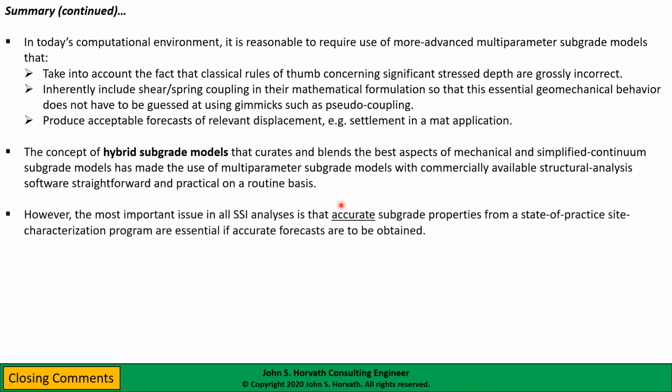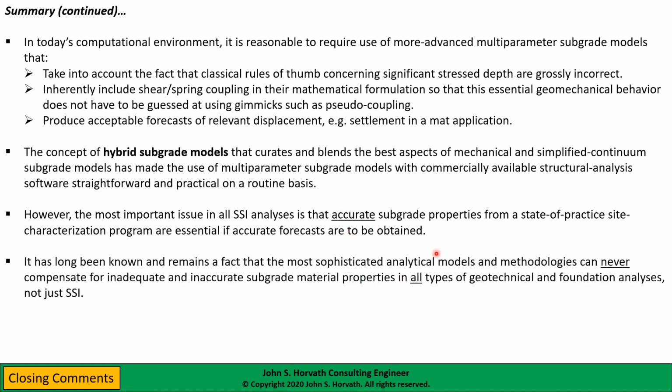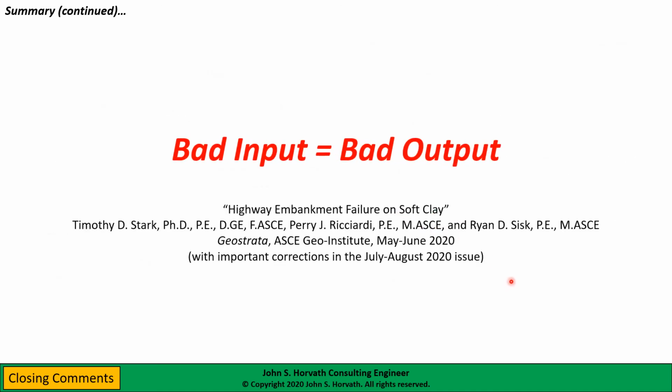But the bottom line still is that accurate subgrade properties are essential. I mean, it is a long-known fact in all aspects of geotechnical and foundation engineering, not just soil structure action, that the quality of the subsurface parameters is more important than anything else.